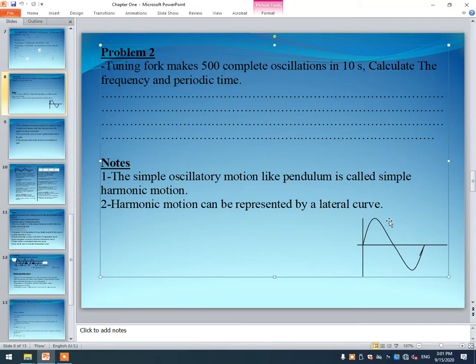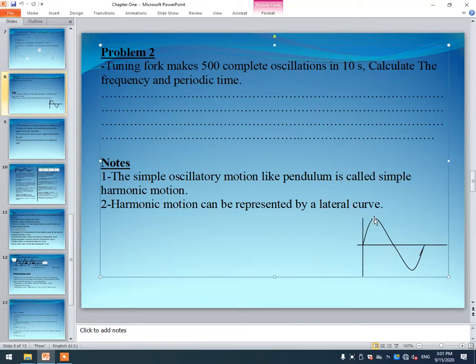This figure is called a sine curve. As you see here, this sine curve moves to reach the maximum peak, then returns back to the original location, and moves to the peak on the other side, then returns to the original position.